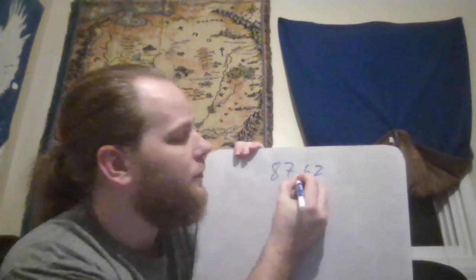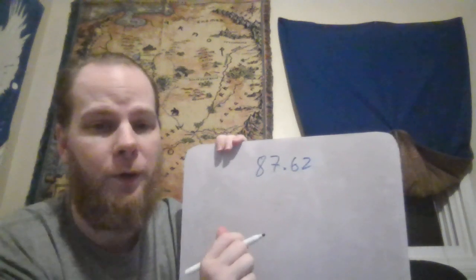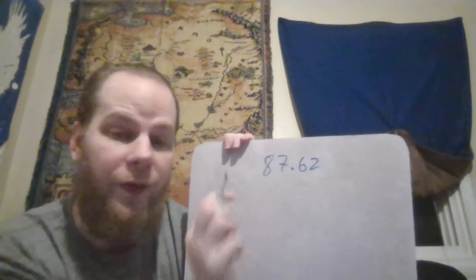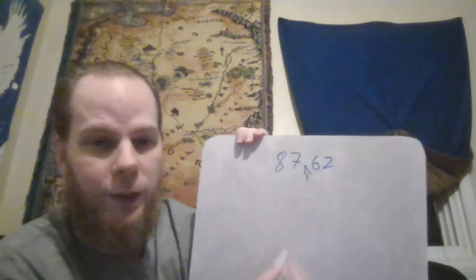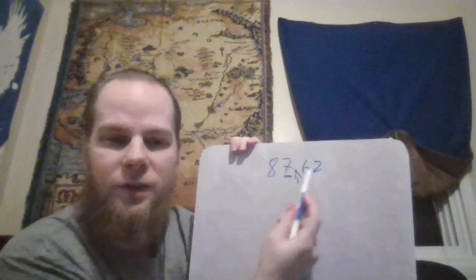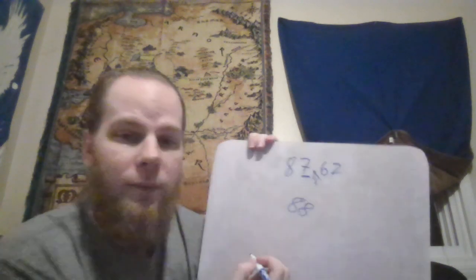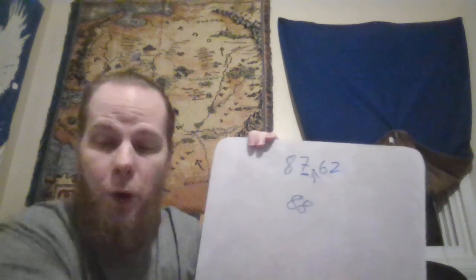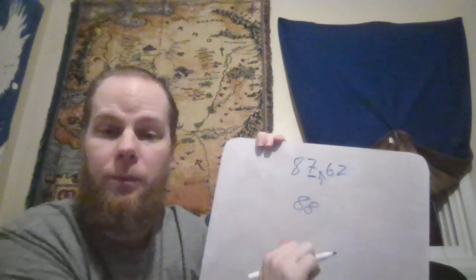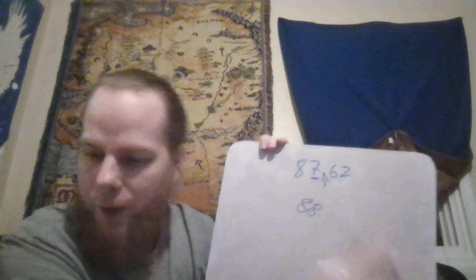To determine the most common isotope, you just round this number to the decimal point. So this is the point where you're rounding. This is the last digit. So 87.62 rounds to 88. 88 is the most common isotope for strontium. Okay, or the most common mass number.